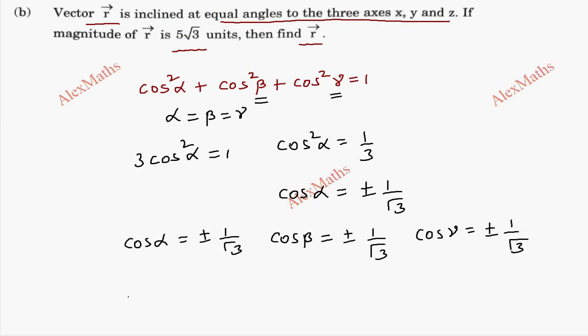Now using this we can frame the unit vector r cap, which is cos alpha i cap plus cos beta j cap plus cos gamma k cap.